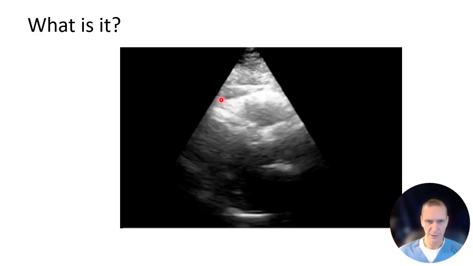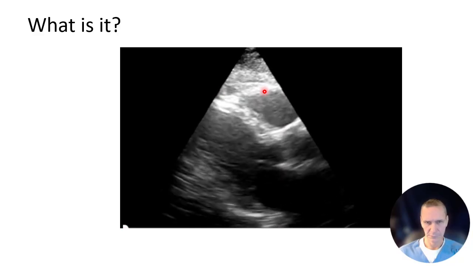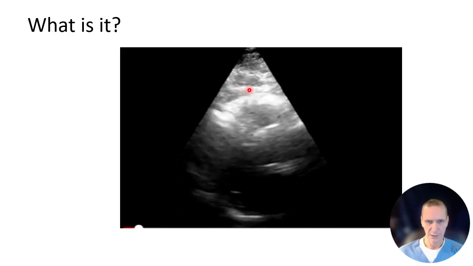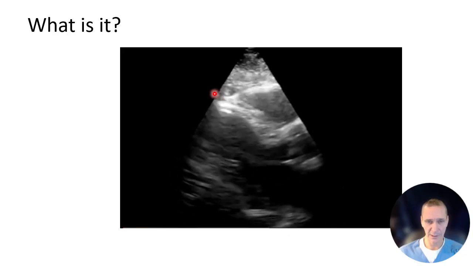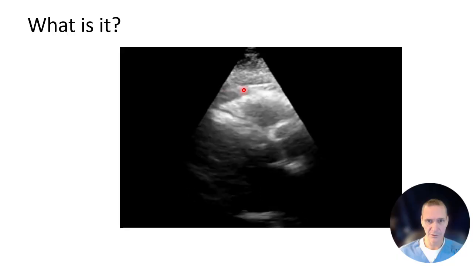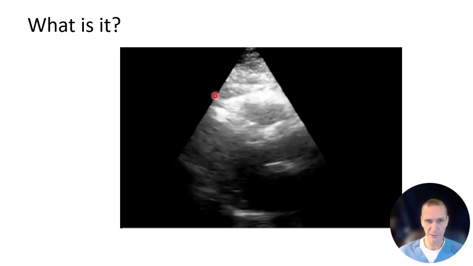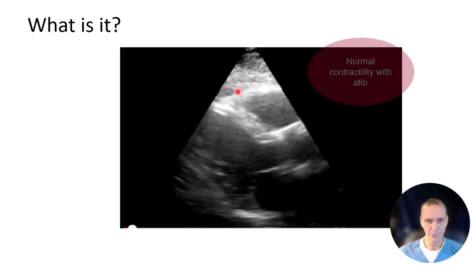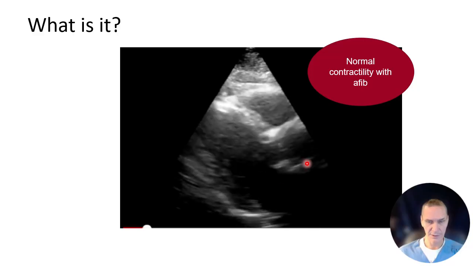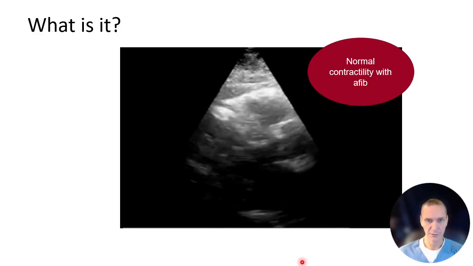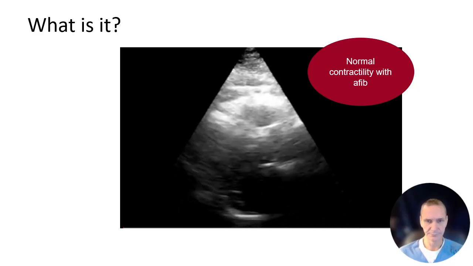I see something here. It's echogenic. Depending on the patient, this could very possibly be an echogenic fat pad, an epicardial fat pad. So this patient is in AFib, with normal contractility.